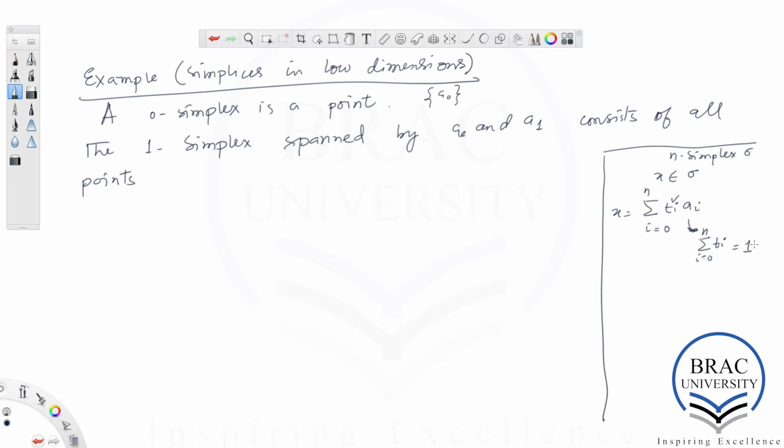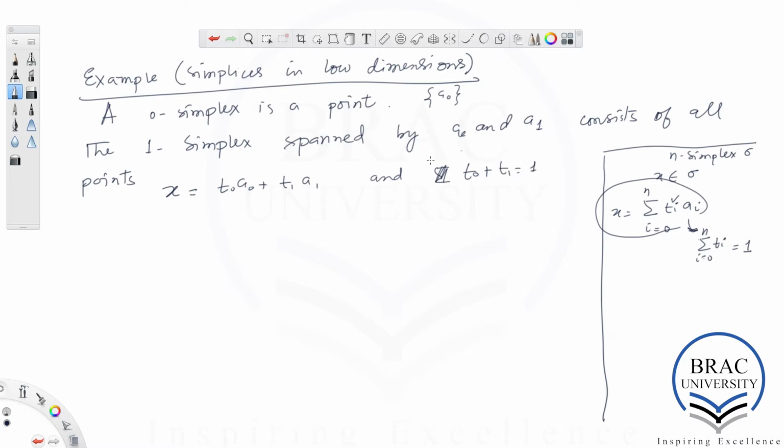So it reduces to the following expression for the case when n is equal to 1. There are 2 points, a0 and a1. So x can be written down as, if you just use this expression, t0 a0 plus t1 a1, and we also want t0 plus t1 equal to 1.